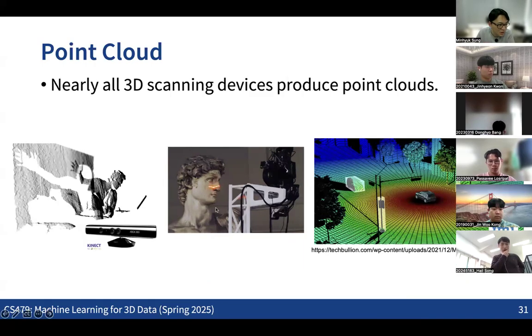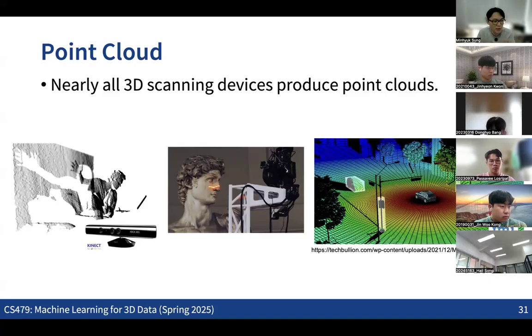The huge scanner for the Michelangelo statue was developed in 1999 or 2000, and at this time we started to see real, practical 3D scanners.